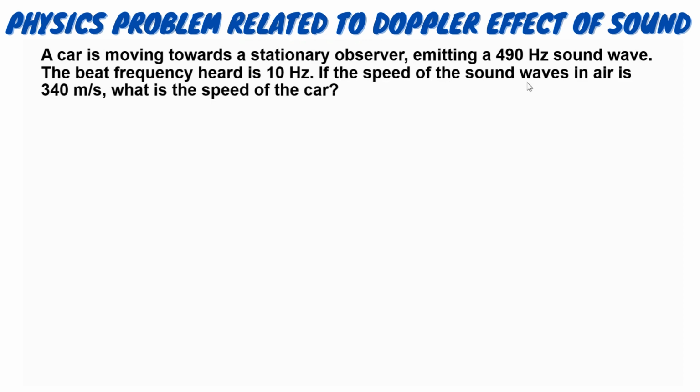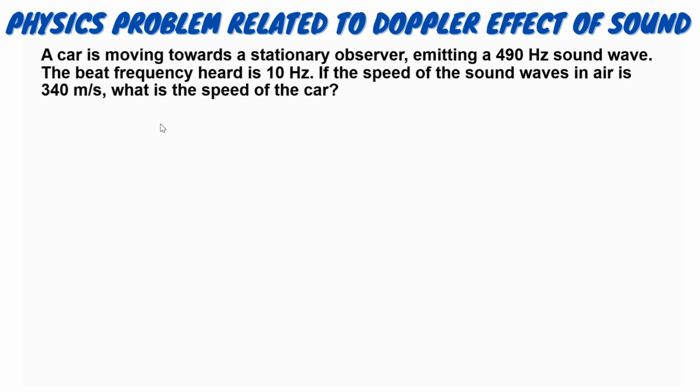If the speed of sound waves in the air is 340 meters per second, what is the speed of the car? So in the problem, we are asked to identify the speed of the car, which is actually also the source of the sound in the problem.